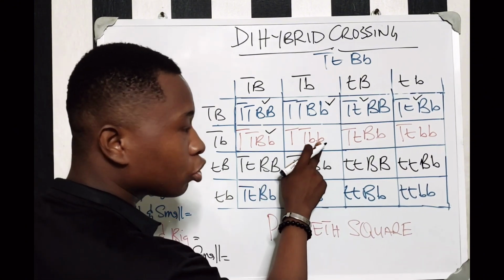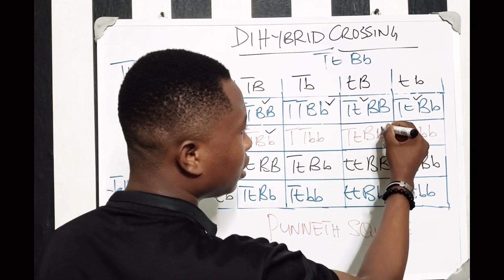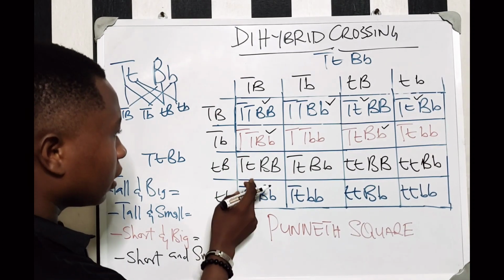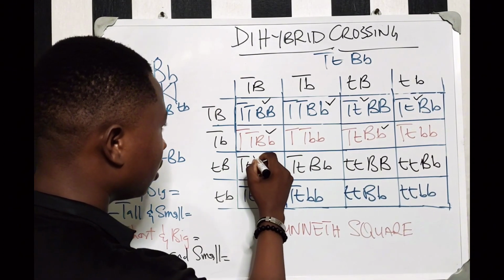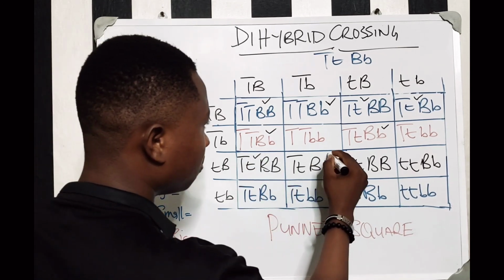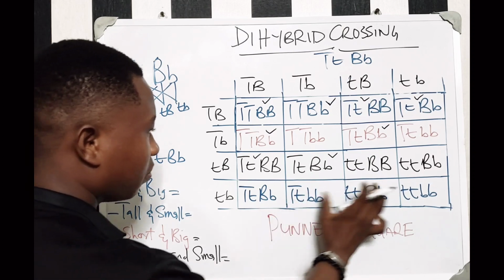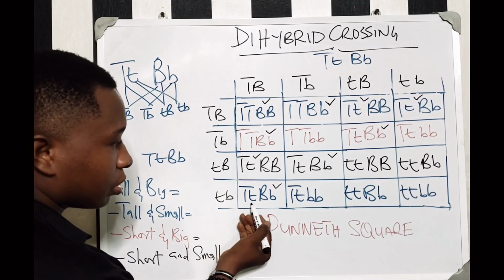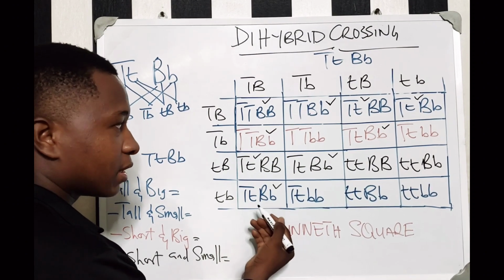This is tall and small. Over here, this is tall and big. Yes, this is tall and big. I don't think we have any other tall and big. Okay, we have one tall and big here. So this is heterozygous for tallness and also heterozygous for size.